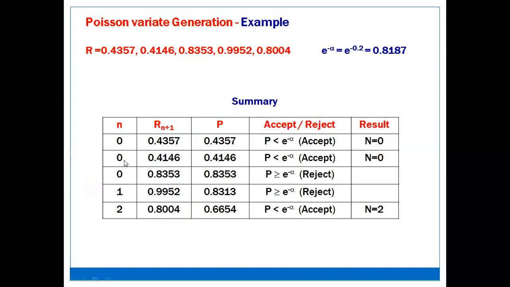The summary: when n is 0, it was accepted. Second step, again it was accepted. Then n was still 0, then it got rejected, so n became 1. It got rejected, n became 2. And then it got accepted. So this is one example of Poisson variate generation.